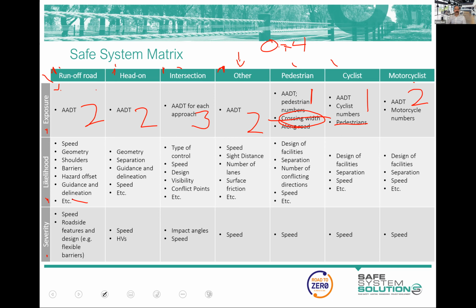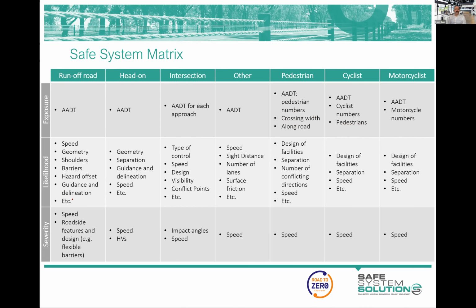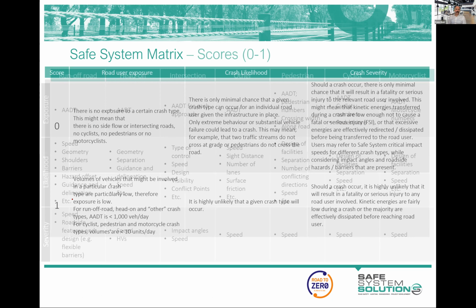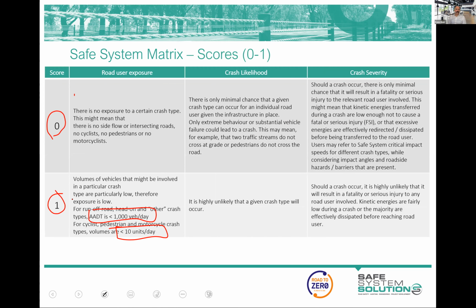Hazards are offset, quite far off the edge line. It's got good line marking, good delineation, good lighting, good signage. All of these good aspects are there. So we say, okay, well, let's jump to our likelihood column.